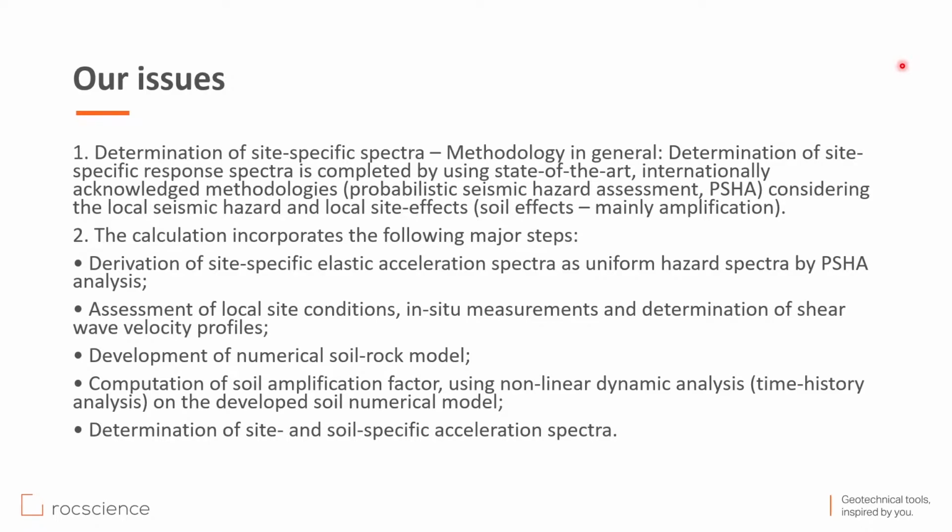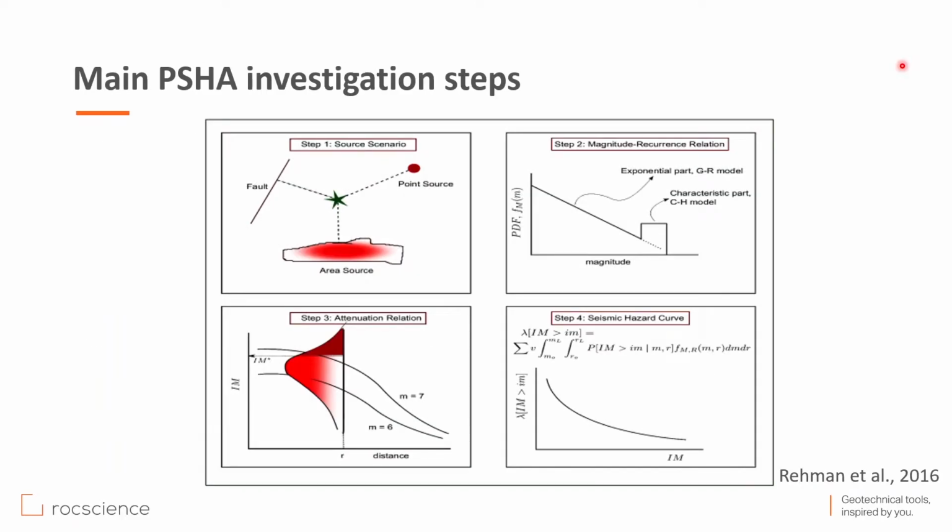Here are just some points of our issues from the previous earthquake evaluation that I mentioned. Here we carried out a probabilistic seismic hazard analysis. And let me say just a few words about this.